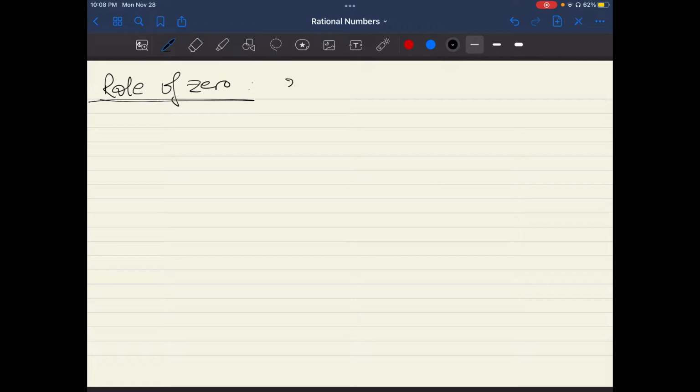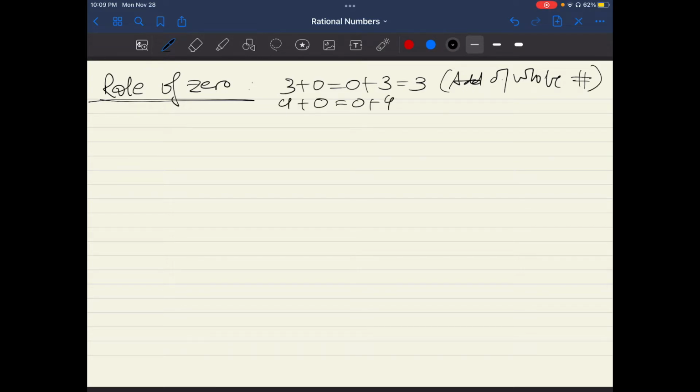Now let's look at 3 plus 0 equals 0 plus 3, which equals 3. This is, again, addition of whole numbers. And now let's look at 4 plus 0 equals 0 plus 4, which equals 4.